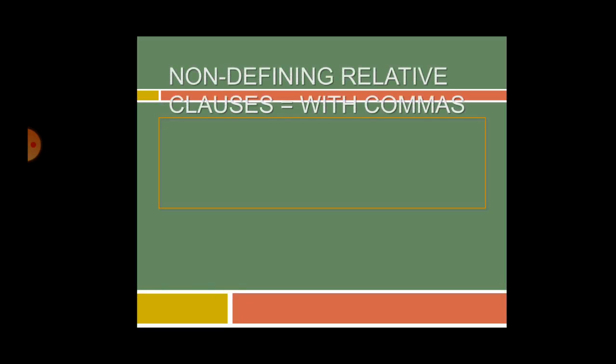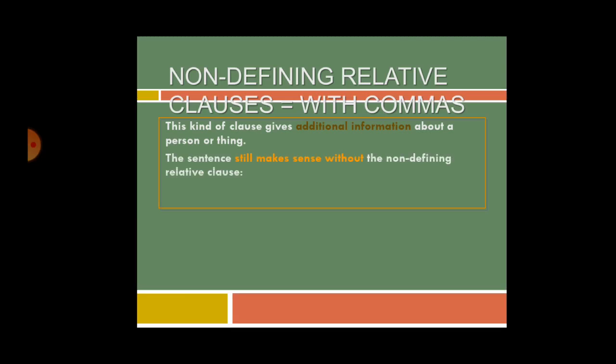Non-defining relative clauses, with commas, give additional information about a person or thing. The sentence still makes sense without a non-defining relative clause. My neighbor, who studies engineering, is very noisy. My neighbor is very noisy.